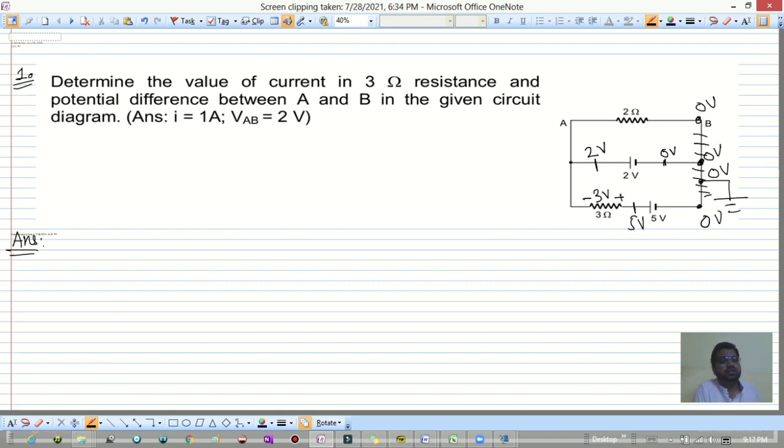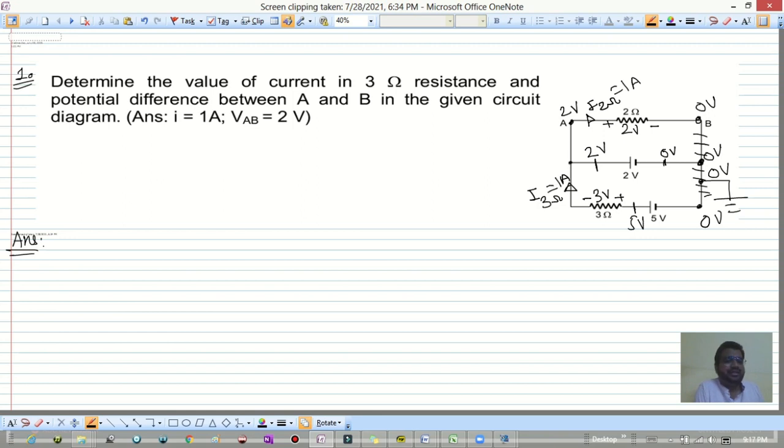Now across this 2 ohm we have a potential difference of 2 volt. This is plus, this is minus. So current will flow from higher potential to lower potential. So I in 2 ohm is 2 by 2, that is 1 ampere, and I in this 3 ohm is 3 by 3, that is 1 ampere.